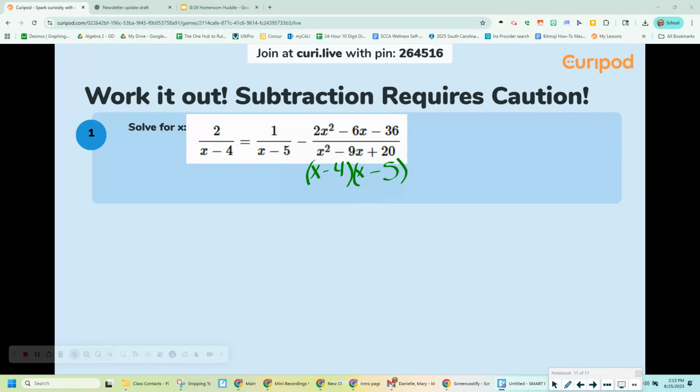All right, so now you see some similarities there, right? So our least common denominator is going to be x minus 4 times x minus 5. The first one here has x minus 4 in it, so I just need to multiply it by x minus 5.